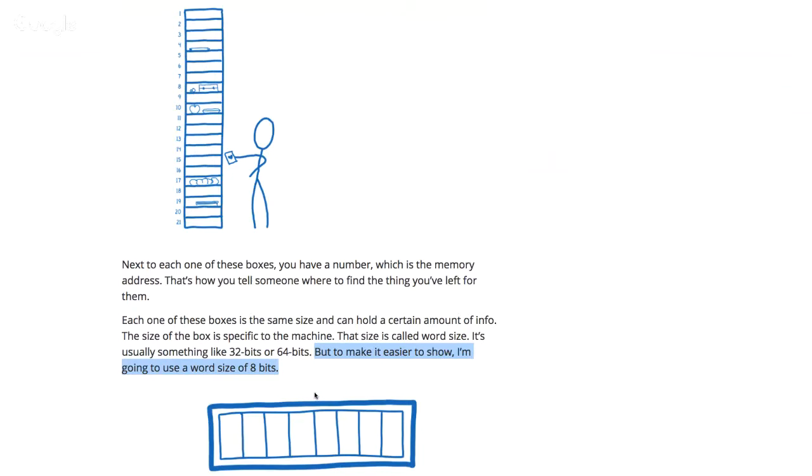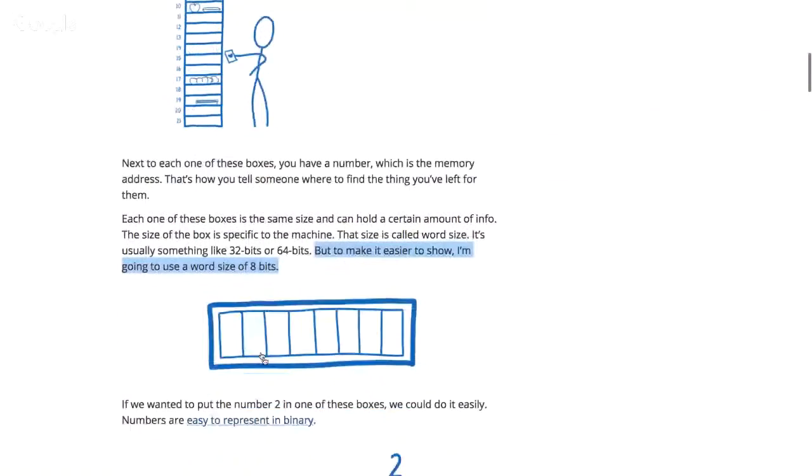At least for this article, 8 bits were used, since it's easier to represent 8 bits than 64 bits. So each box is further divided into 8 sections. If I count the sub boxes within the big box, I can see 1, 2, 3, 4, 5, 6, 7, 8. So the word size here is 8 bits.